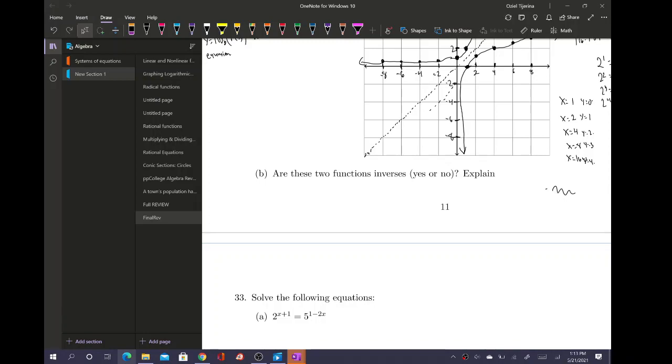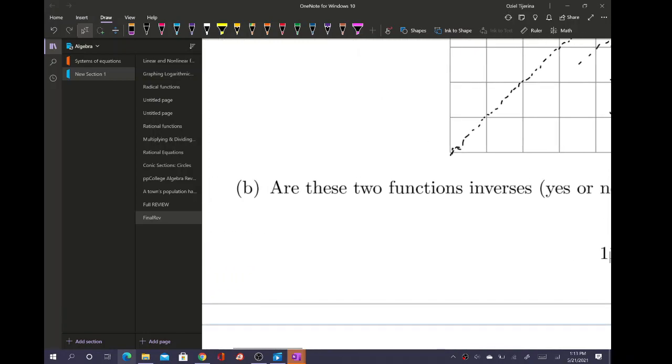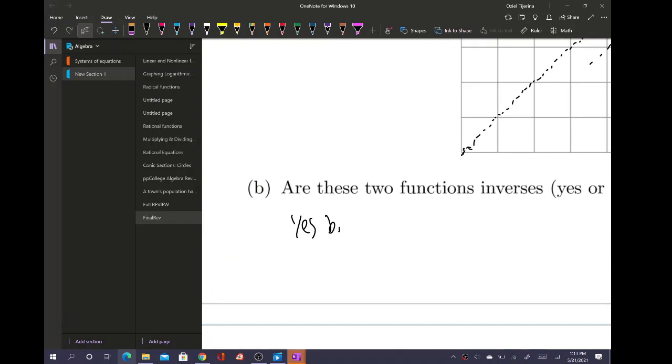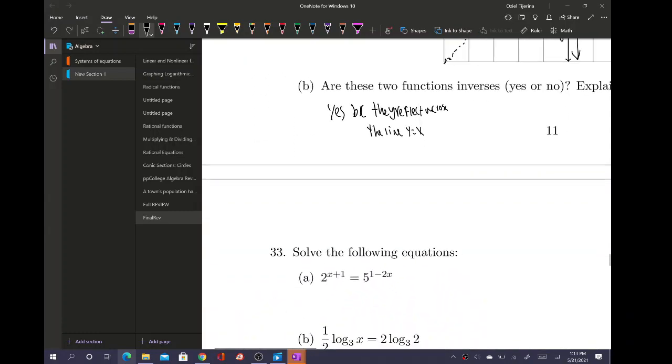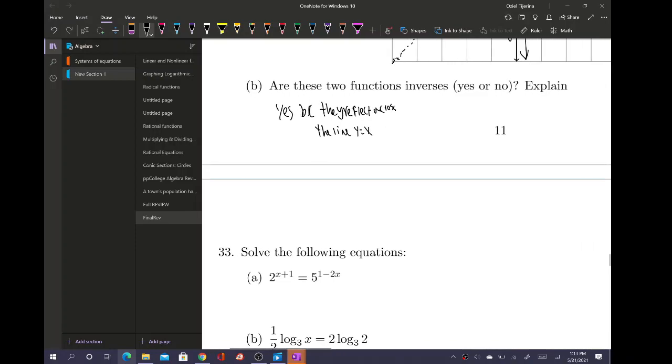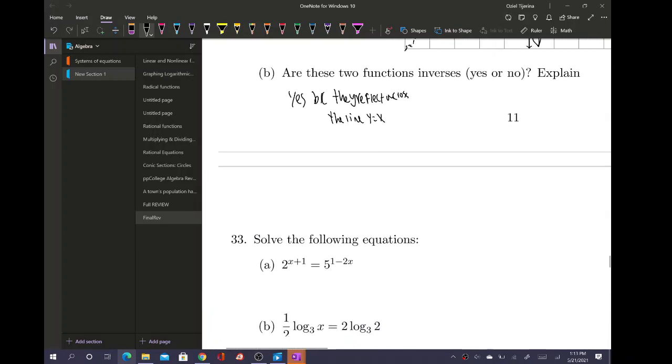Explain. So, yes, because they reflect across the line y equals x. Okay, that's how we know they're inverses, right? Because they reflect across the line y equals x.